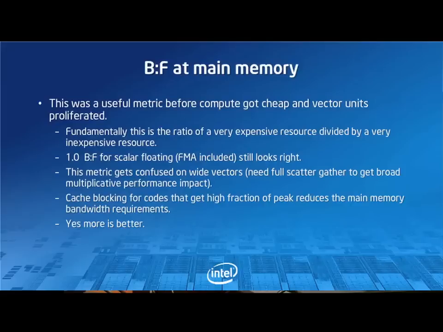There is the caching and all that kind of good stuff that gets a very high fraction of peak, but yes, more memory bandwidth is a lot better. But we're beginning to think that if we focused the machine parameters around scalars as opposed to vectors, you'll be very happy with the overall performance of your machine.